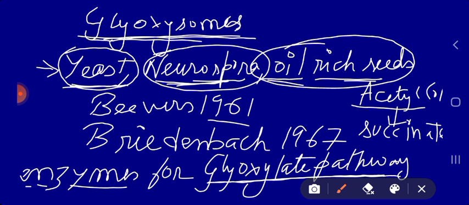So obviously they must contain the enzymes which help convert stored lipid to glucose by gluconeogenesis through the glyoxylate cycle, with the help of the enzymes found in the glyoxysomes. Right.